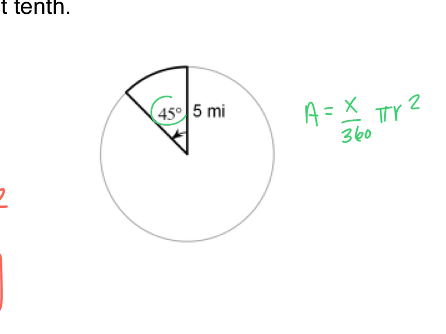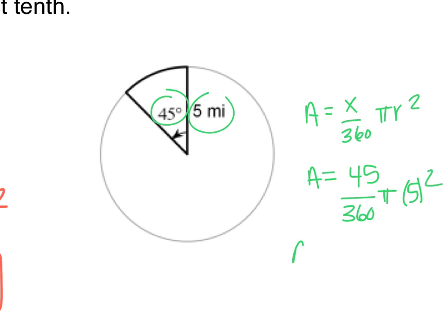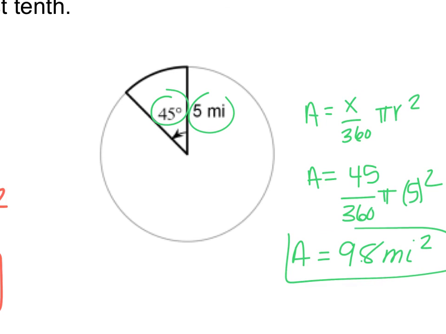I know my angle is 45 degrees. My radius is 5. And I just type it into my calculator. I should get 9.8 miles squared. And that's your final answer.